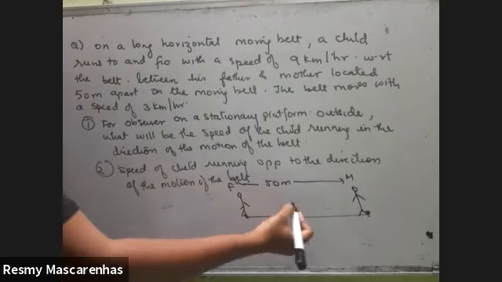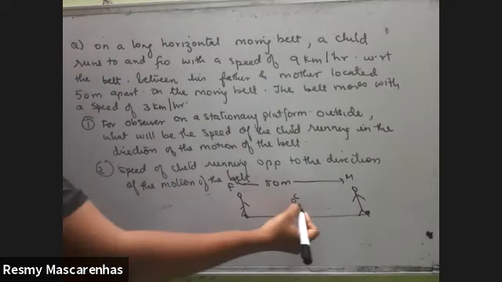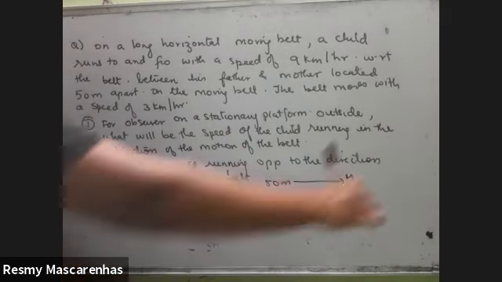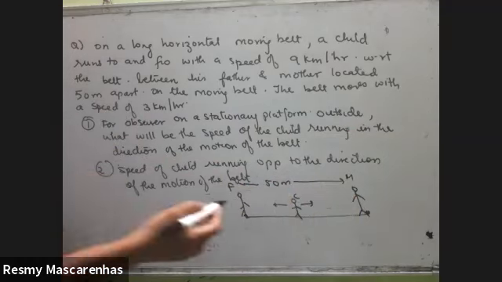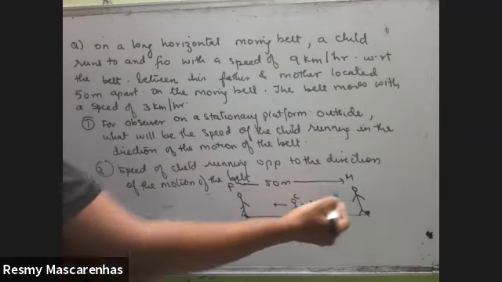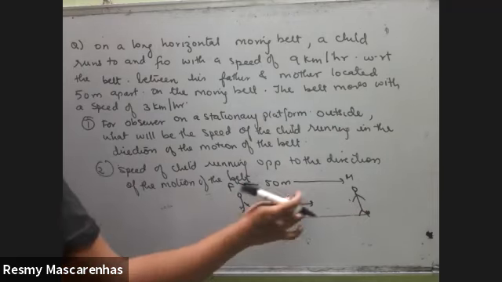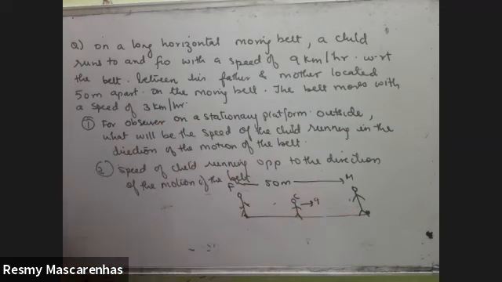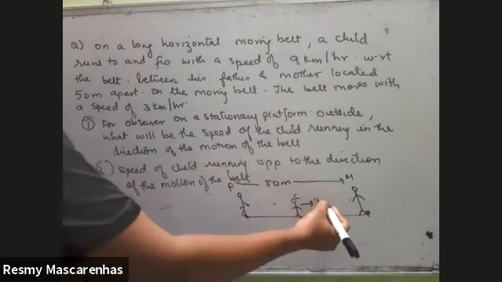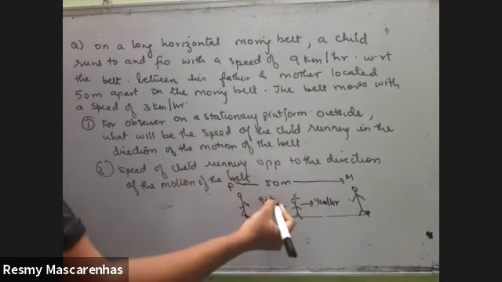And there's a child which is trying to run. One time it goes this side, sometimes it comes back also. To and fro means once it reaches the mother, it will come back to the father, in both directions. Whichever way, its speed is constant, 9 kilometers per hour going and 9 kilometers per hour coming back.